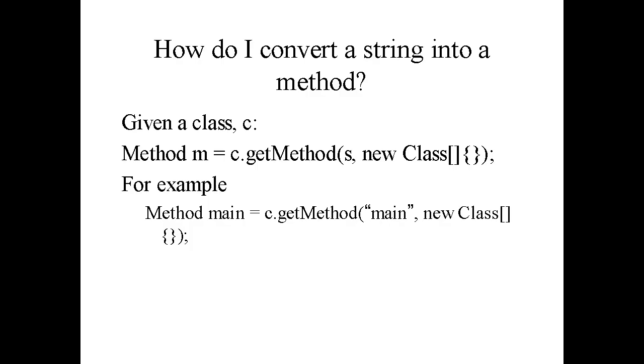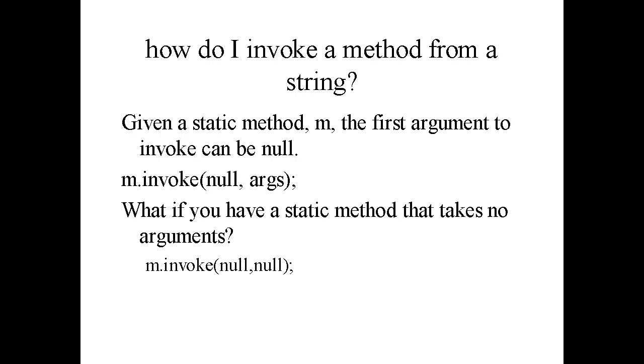If you want to convert a string into a method, what you need is a class C, and you call getMethod and pass in the string, and that will return a method M. For example, we'll get the main method from a new class, and then you'll be able to do the invocation on the main method.